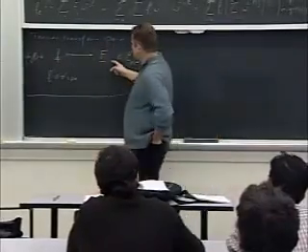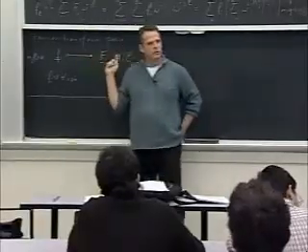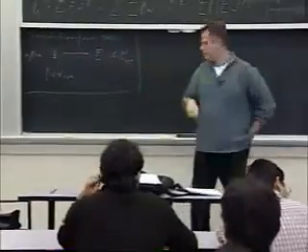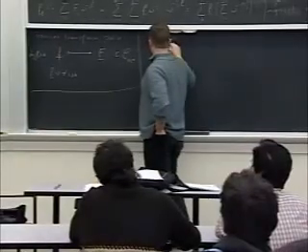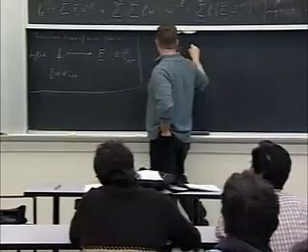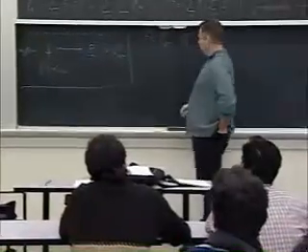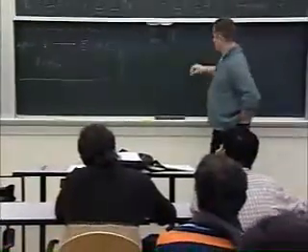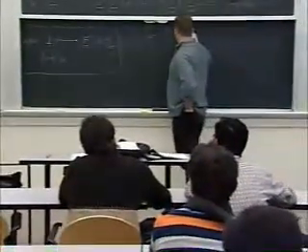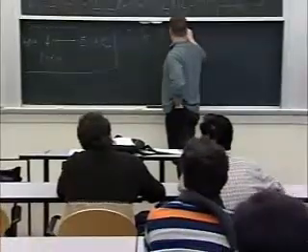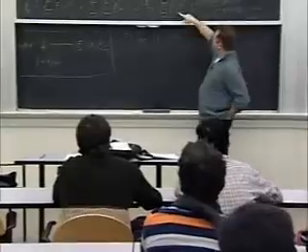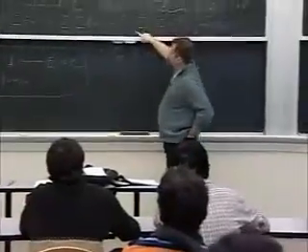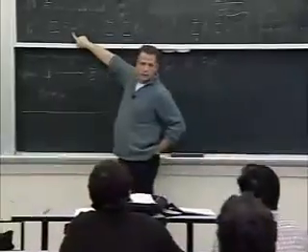But since we now have this Fourier transform correspondence, we can do another thing. We can say f is in the code if and only if the Fourier transform, that was the back transform here, right?